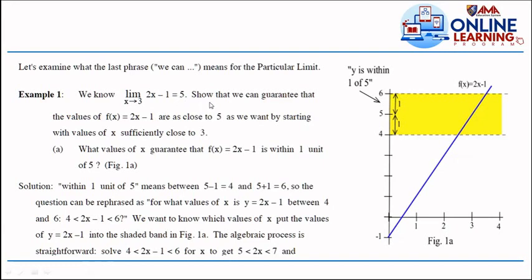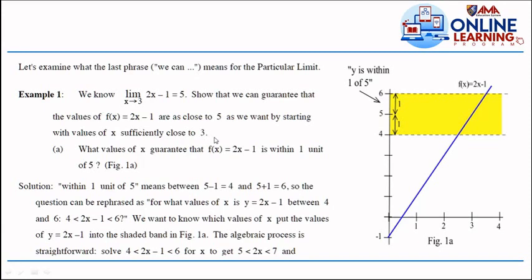Using the intuitive approach, show that we can guarantee that the values of the function of x equal to 2x minus 1 are as close to 5 as we want by starting with values of x sufficiently close to 3.